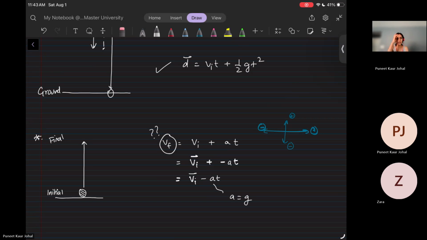It's up to you. But once you decide, okay, these are my default or reference directions, continue with that same reference point throughout the question and you'll be fine.